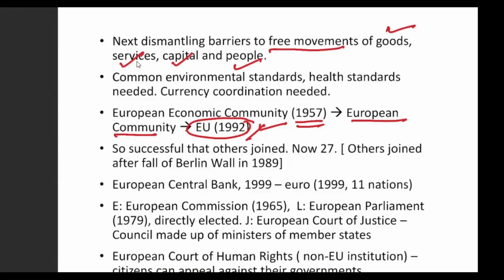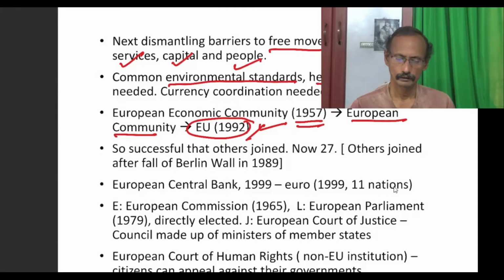To make this free movement possible, they have to have common environmental standards, common health standards, and even currency coordination. So one institution after another, they started creating.